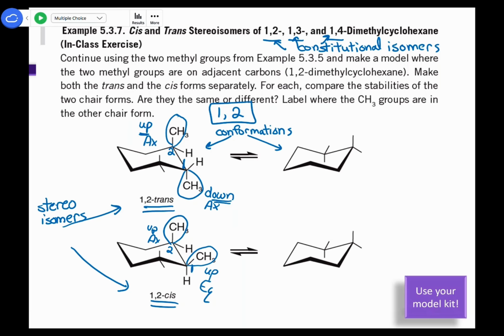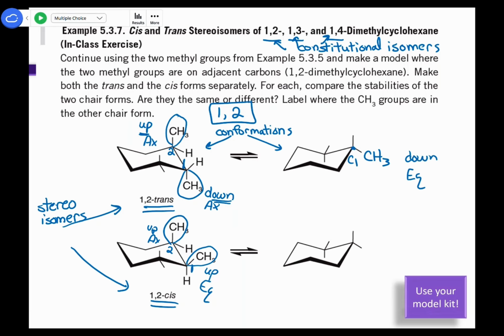On carbon 2, this methyl group is still up, but now it's also in an equatorial position. So let's go ahead and label these here. I now have my methyl group on carbon 1 in a down equatorial. I have this methyl group in an up equatorial, which means I have my hydrogens in those other positions.